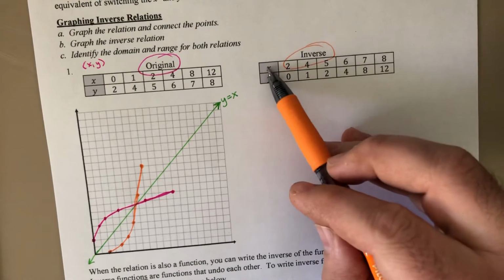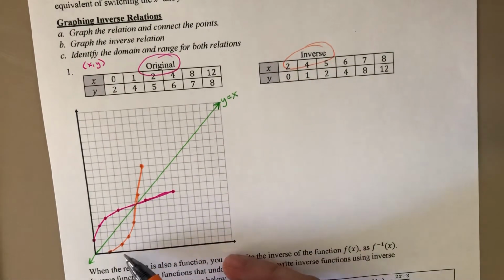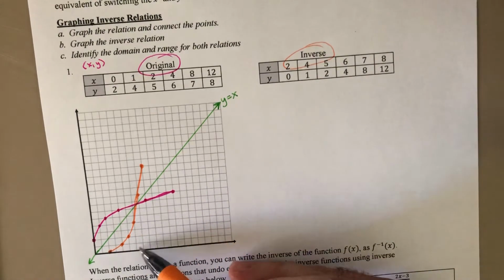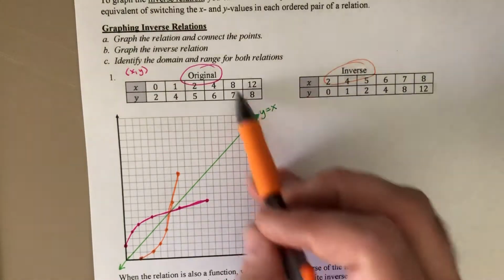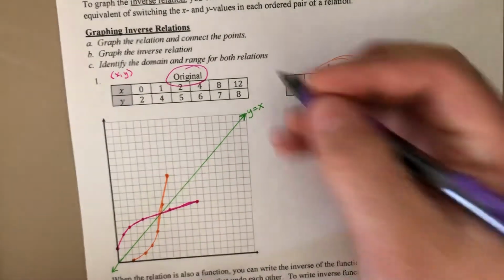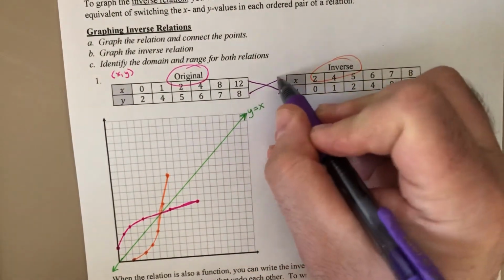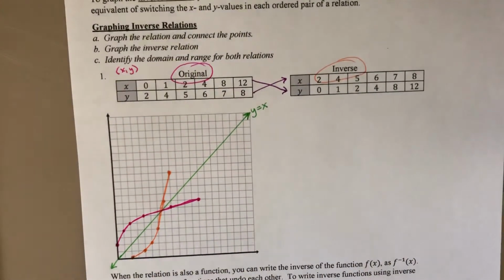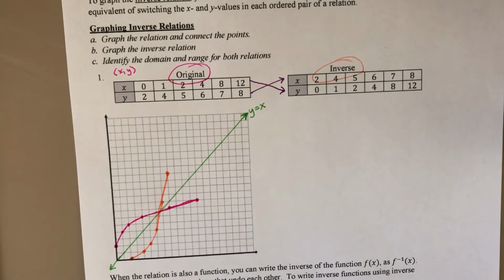We're going to be at 2, 0 right there, 4, 1, 5, 2, 6, 4, 7, 8, and 8, 12. If you look at the two tables, what essentially happened is your x's became the y's, and the y's became the x's. They essentially swapped for this inverse.